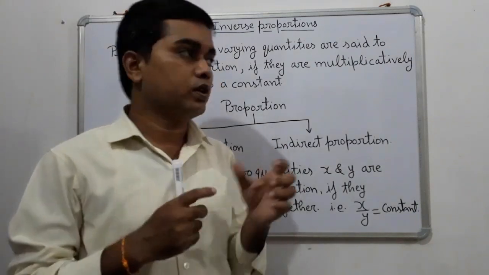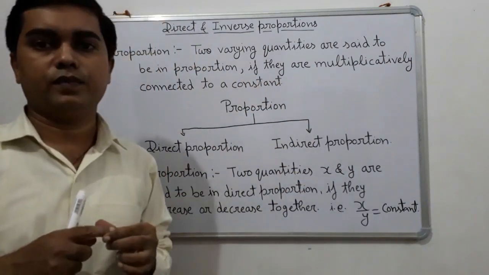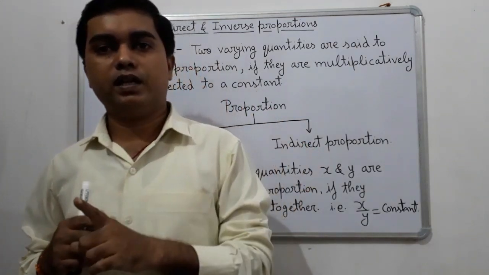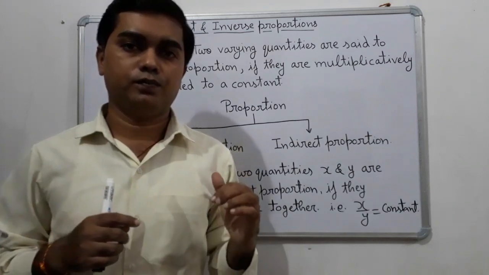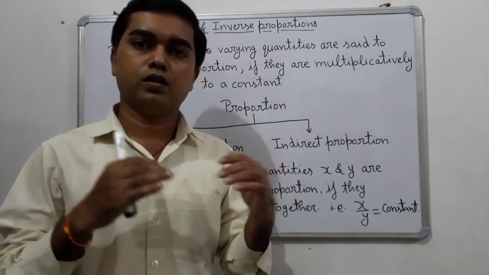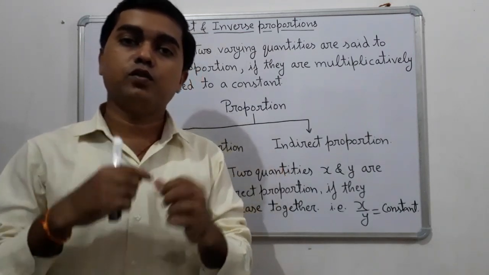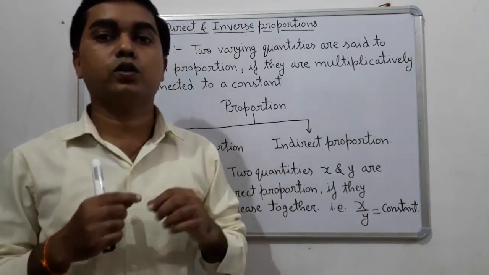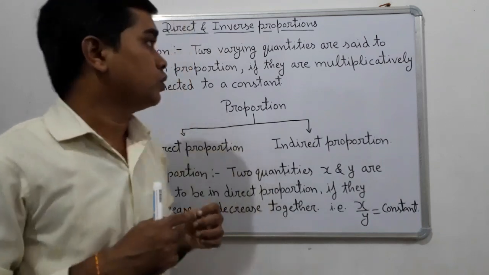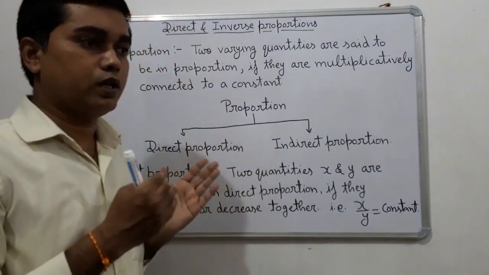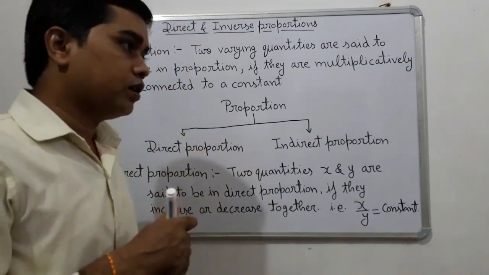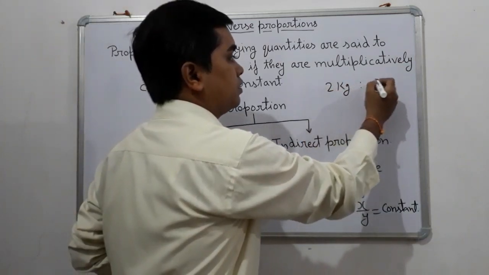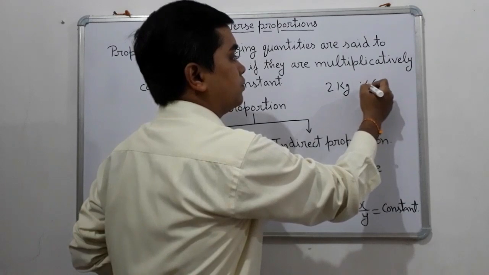And here the ratio is the same, that is, 1 kilogram sugar rupees 30, 2 kilogram sugar rupees 60. When you find the ratio of quantity of sugar and price, what will you get? Suppose you are taking sugar 2 kilogram, then price is rupees 60.